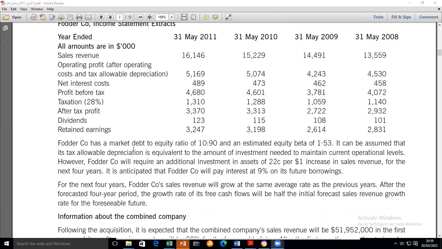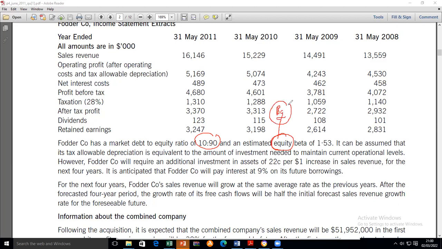Fodder company has a market debt to equity ratio of 10 to 90. That's Fodder now, not P. And an estimated equity beta. Now, equity beta has a meaning.